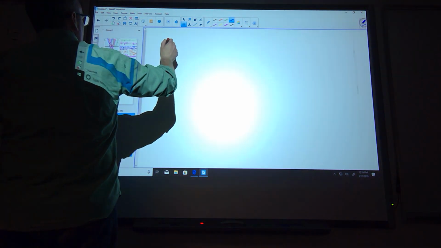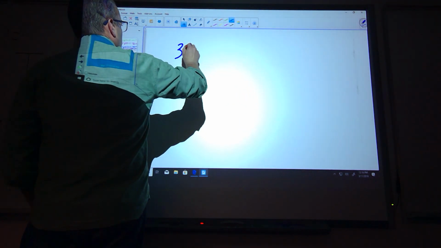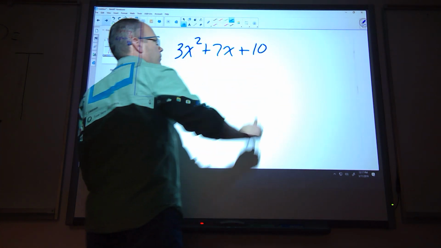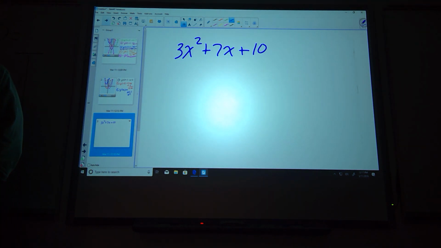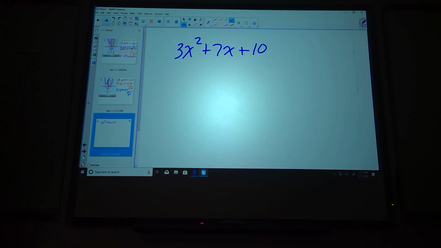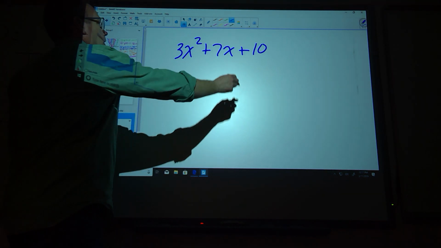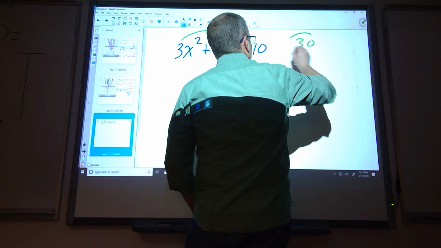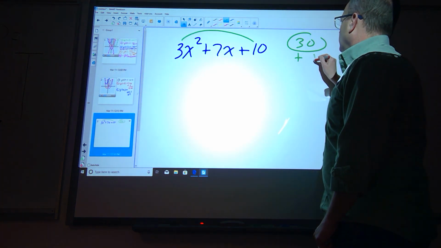So let's do this. Let's say we had 3x squared plus 7x plus 10. Does that factor? Does it have to factor? Well, let's see if it would factor. Remember this. We multiply and get 30, and both values have to be positive.